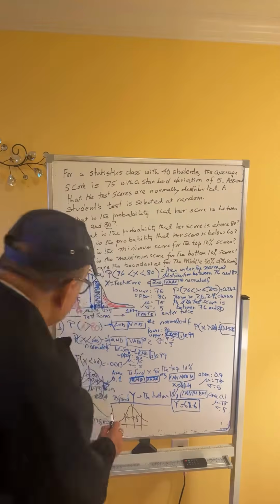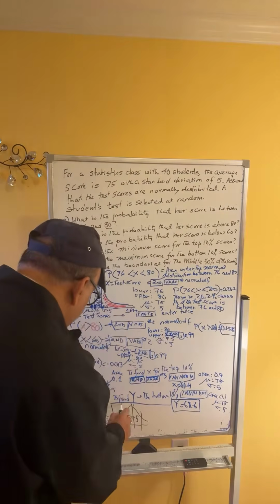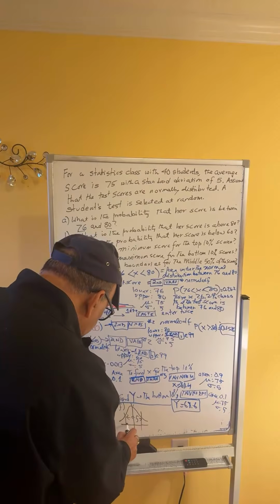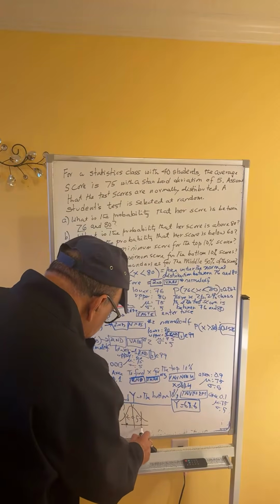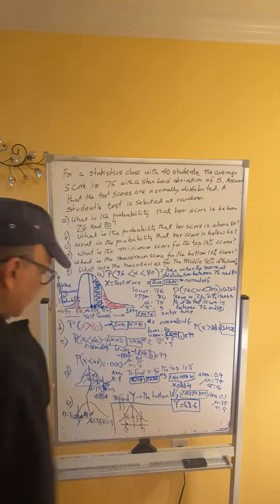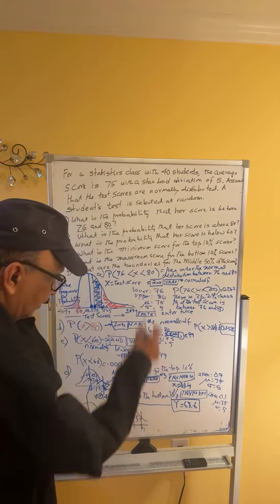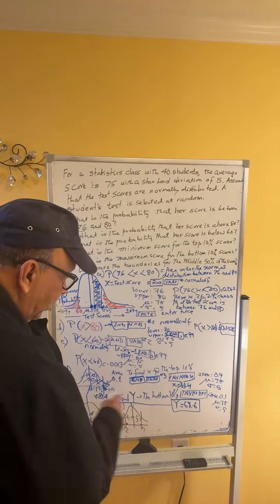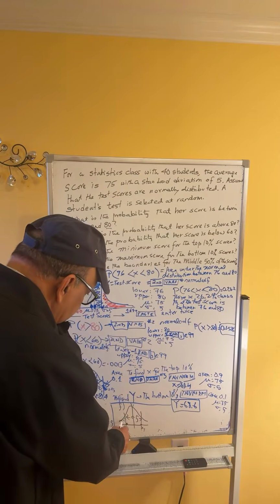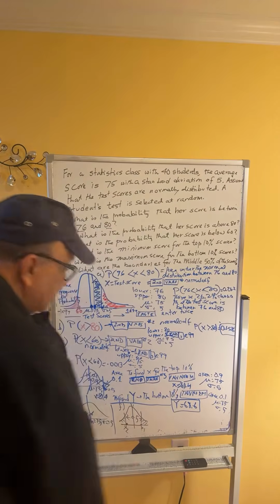Now this is part F. So we want to find x1 and x2. Now if the area in the center is 0.5, area in the two tails, these areas are the tails.